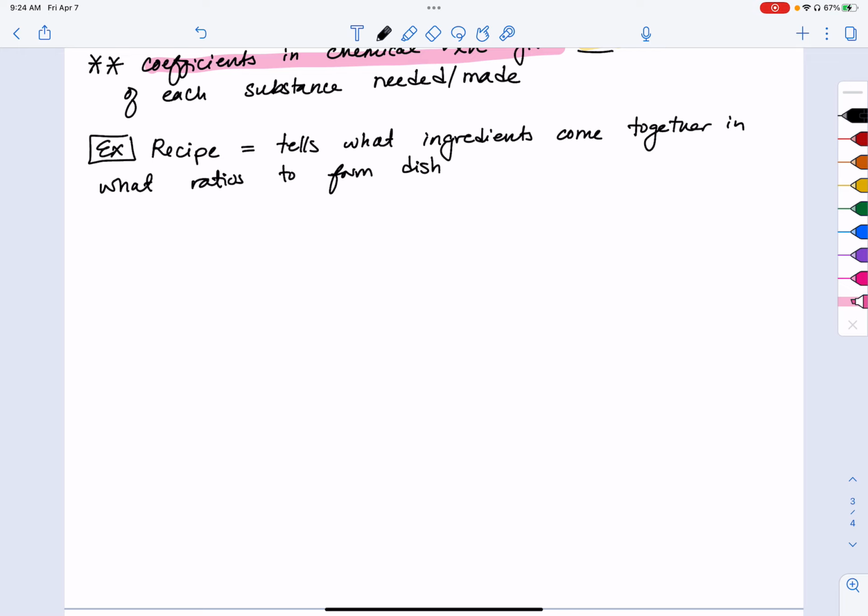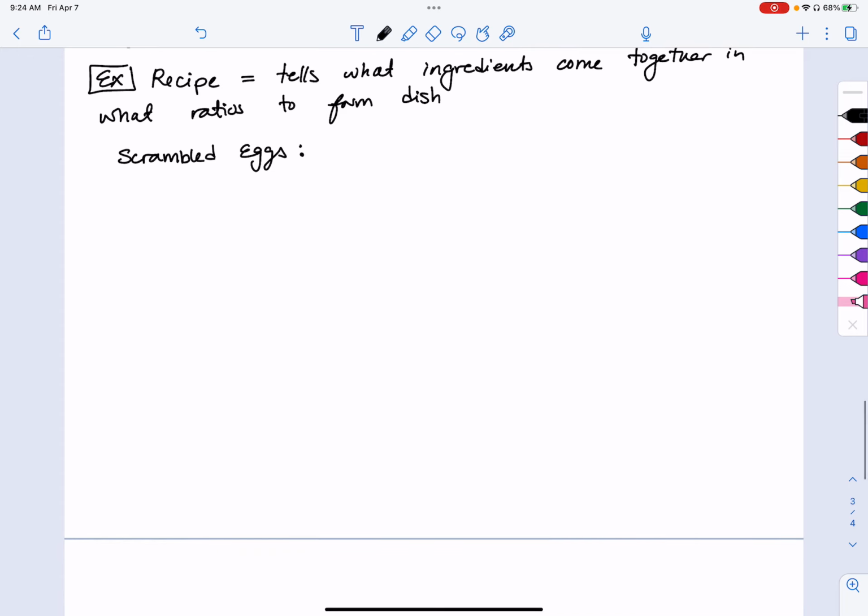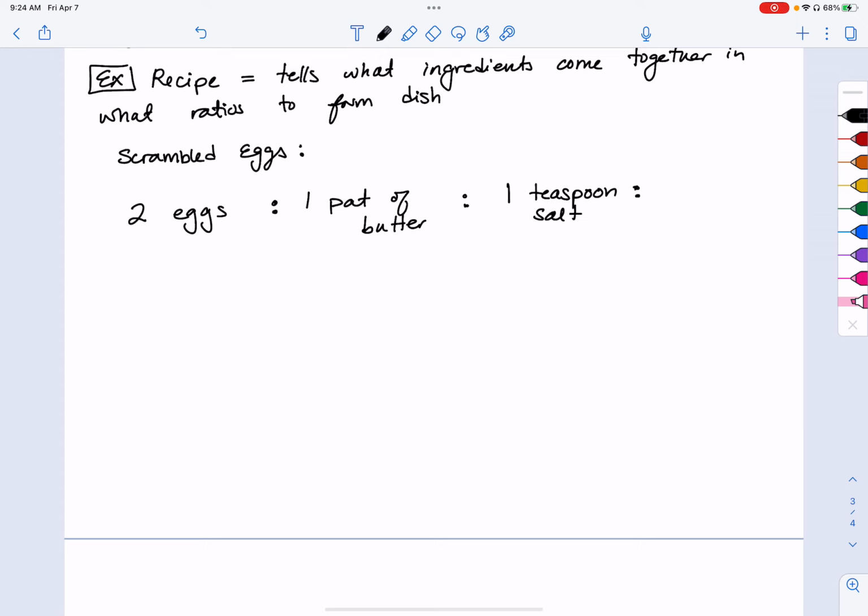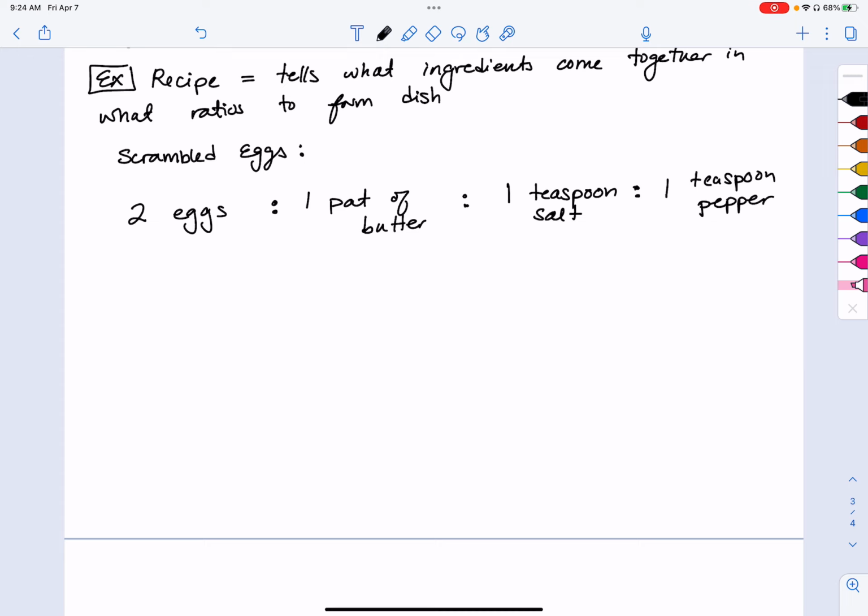So for example, if we use a recipe for scrambled eggs, we might say that we need 2 eggs for every 1 pat of butter for every 1 teaspoon of salt for every 1 teaspoon of pepper.